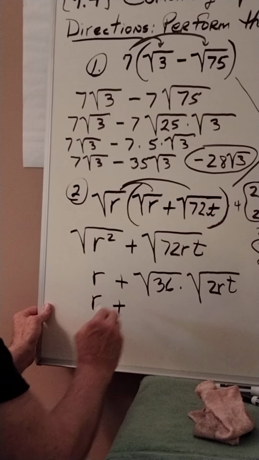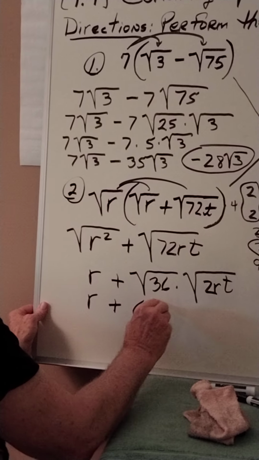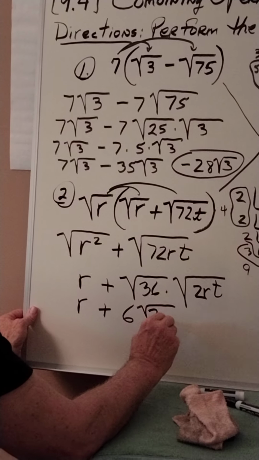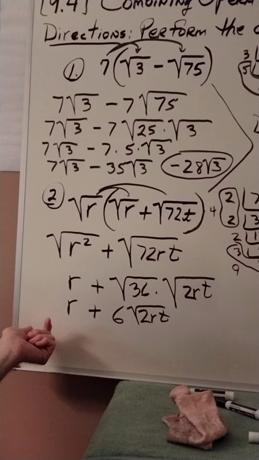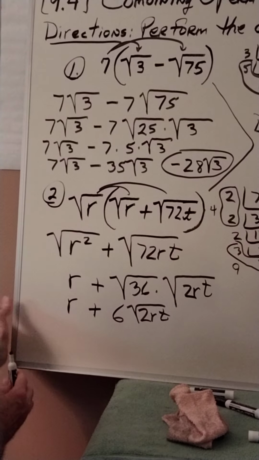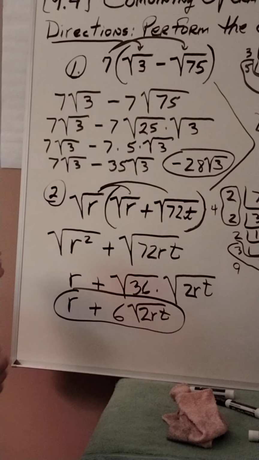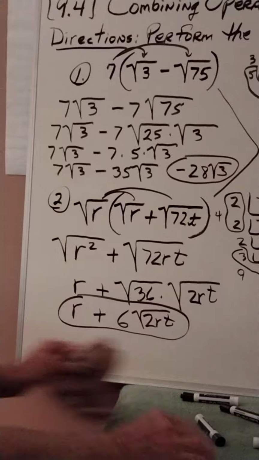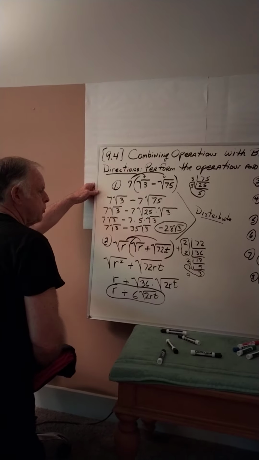So r plus, 6 comes out, plus 6 times the radical of 2rt. Can't do anything more. We don't have like radicals in order to add. It stays that way. That's distributing.